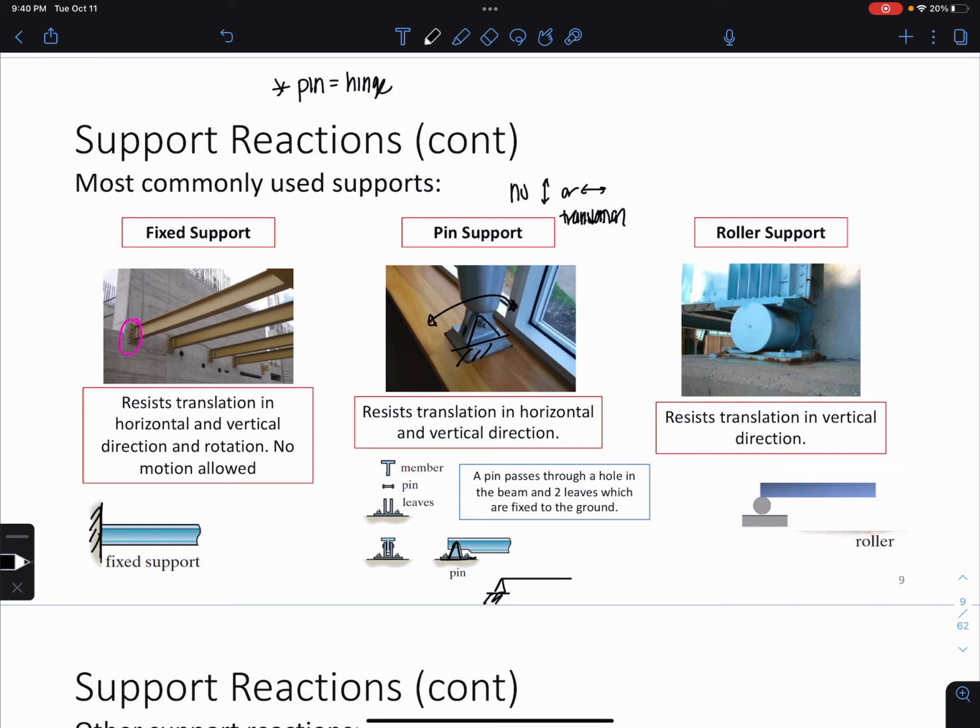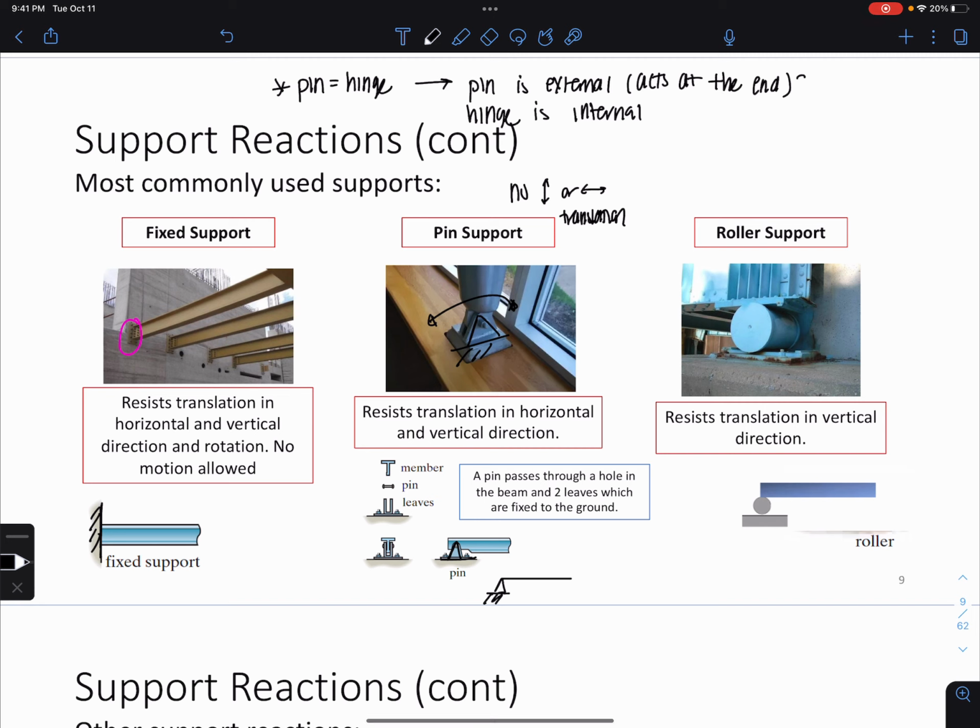The difference is a pin is external, so it acts at the ends of the member, while a hinge is internal. It acts in the middle of the system.